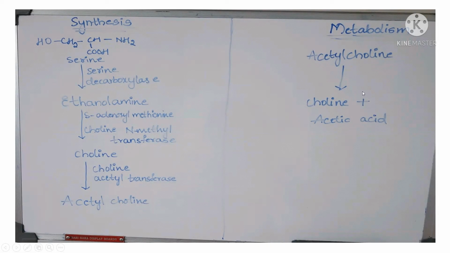And here is how it is metabolized. Acetylcholine, when acted upon by cholinesterase, gives choline and acetic acid. In metabolism, remember the end products, and in synthesis, remember the starting precursor. Serine is the starting precursor.